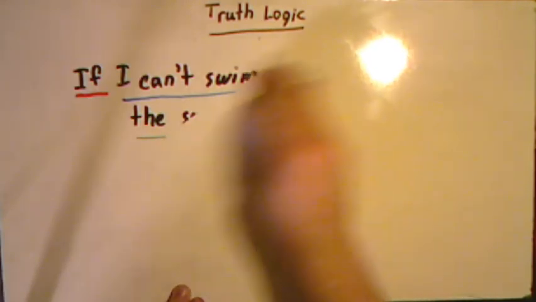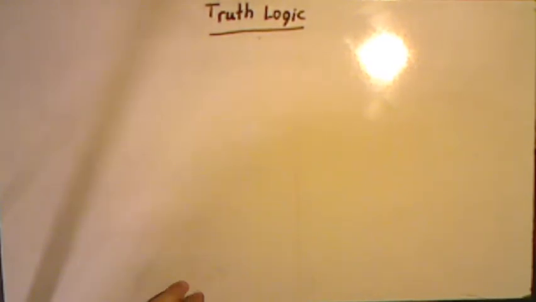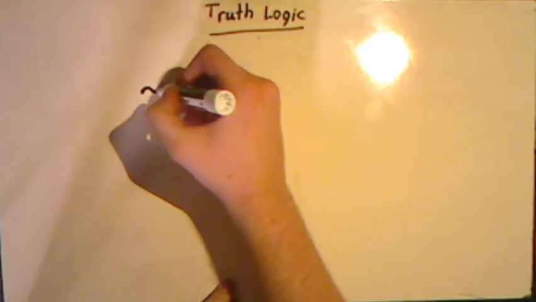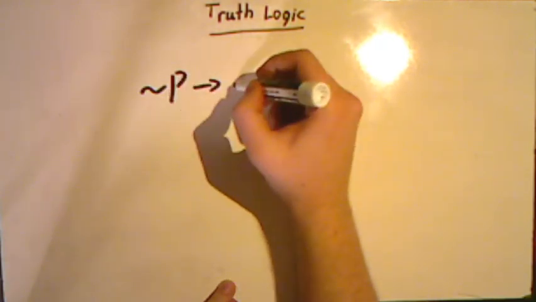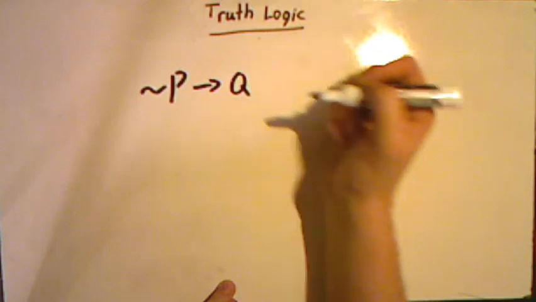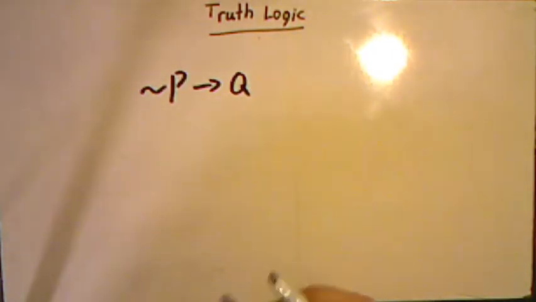In our second example, we aren't given a sentence, we are given that conditional statement right off the bat. So we have a conditional statement that is not P, then Q. So in this case, we just go straight into it. We are being asked to find the contrapositive.